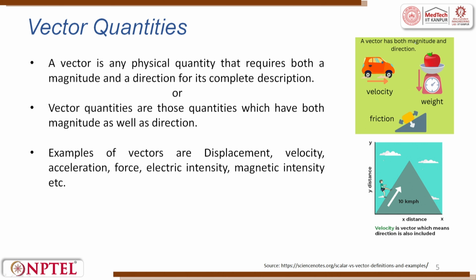So, flux and electrical intensity also you can talk in terms of current per unit area, whatever it is. So, if you see this example, 10 kilometers per hour, and then in the x axis we are talking about distance, y axis we are talking about distance. So, he is trying to climb a mountain. So, velocity is a vector, which means direction is also included.